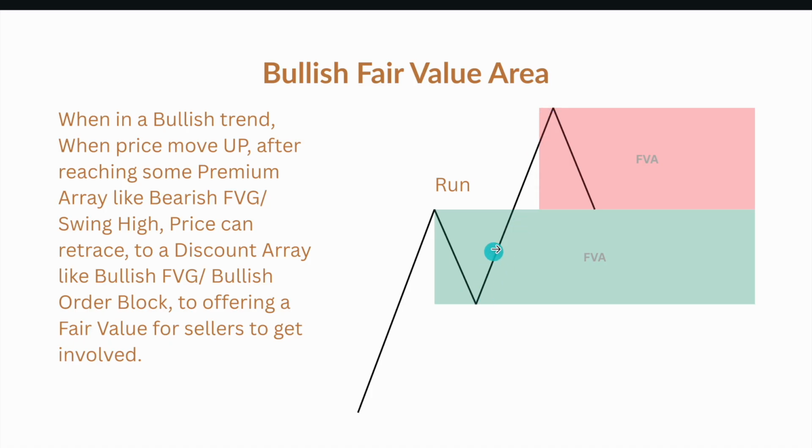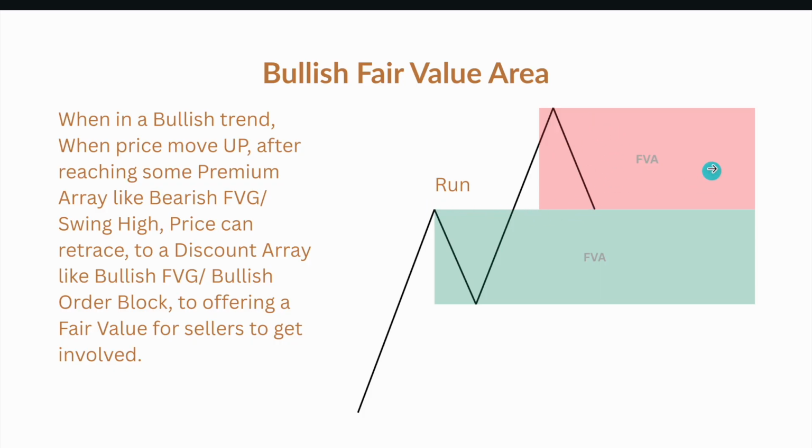Now, once price crosses the previous swing high or swing low, in case of bearish fair value areas, once price reaches another PD array, it can retrace back to the previous swing high.